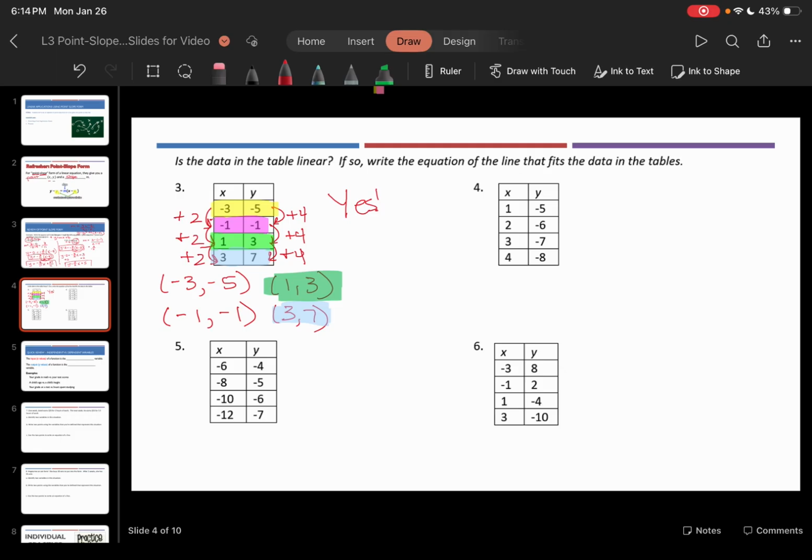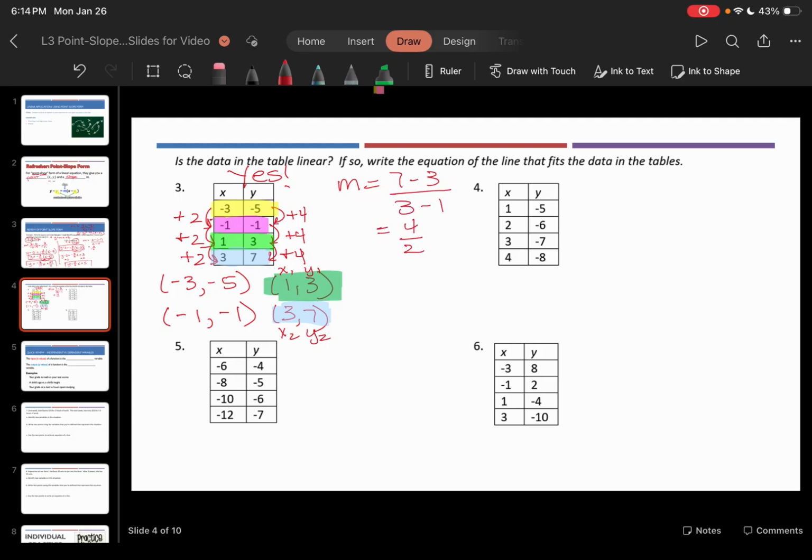But remember, we have to find the slope of the line. I'm running out of room here. So I'll call this x1, y1, and x2, y2. So 7 minus 3 over 3 minus 1.